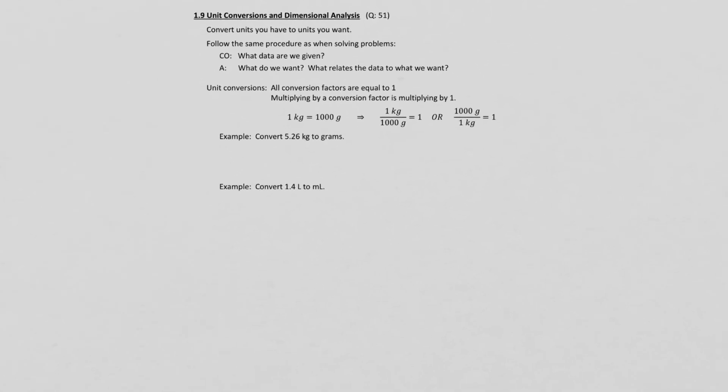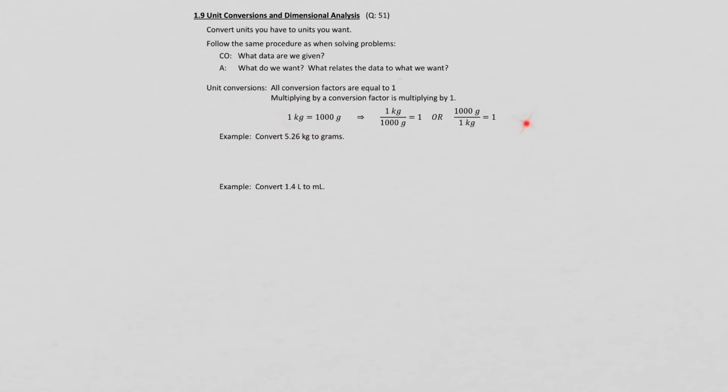Now, the basic main idea of the rest of this video is going to be something called dimensional analysis. Dimensional analysis is merely the means we use to convert units from one area to another, right? So we're going to convert 5.26 kilograms to grams, right?